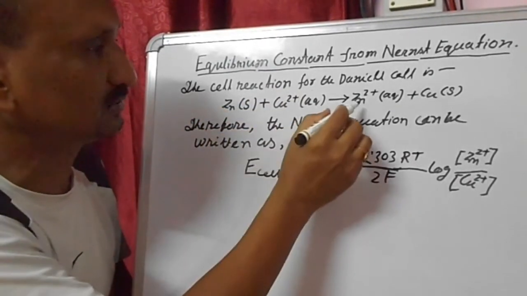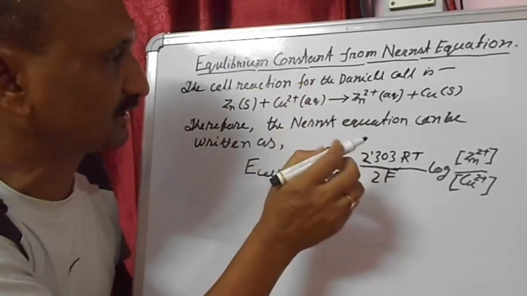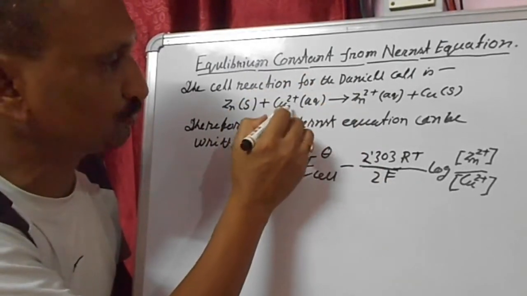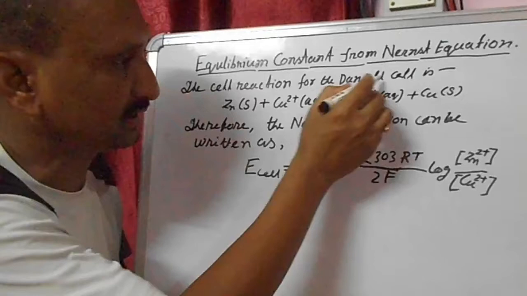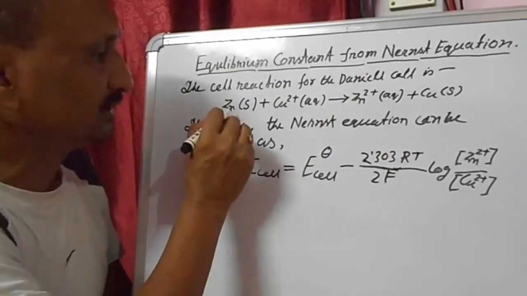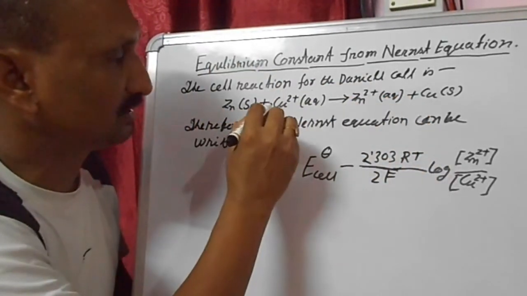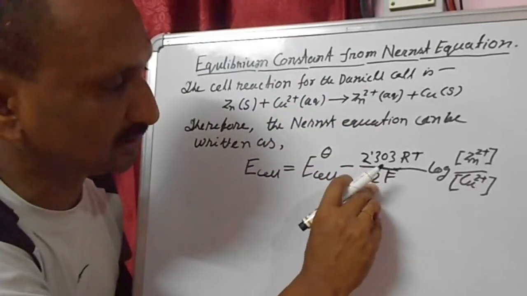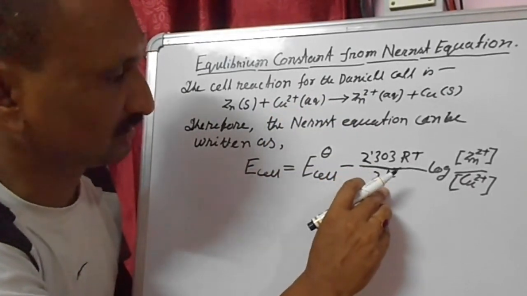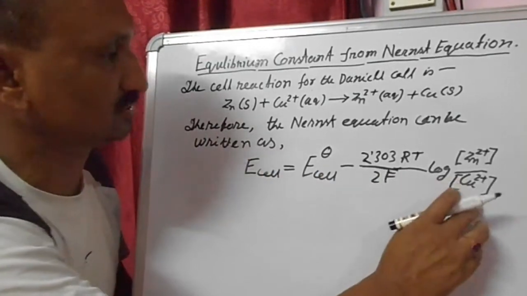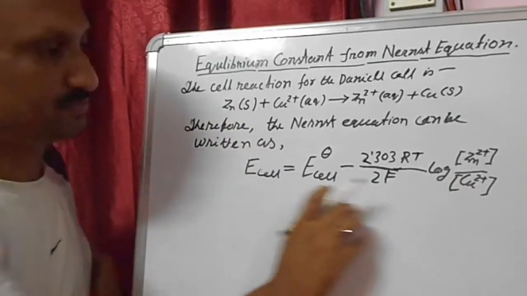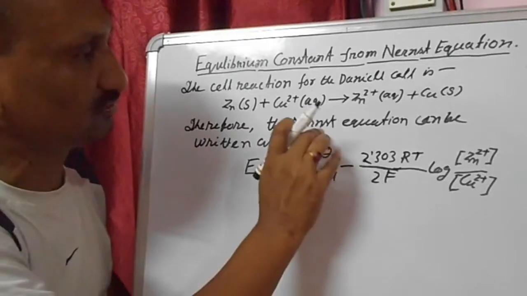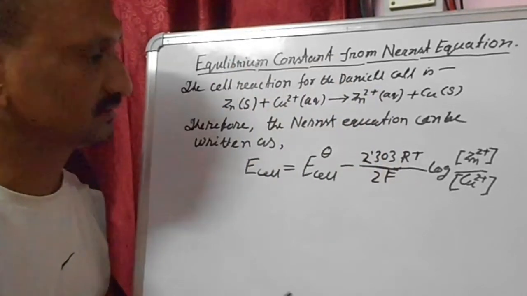Zinc is oxidized to zinc 2 plus by releasing 2 moles of electrons, while copper 2 plus is reduced to copper by absorbing those 2 moles of electrons. So n is equal to 2 here. This is the Nernst equation for this Daniell cell.